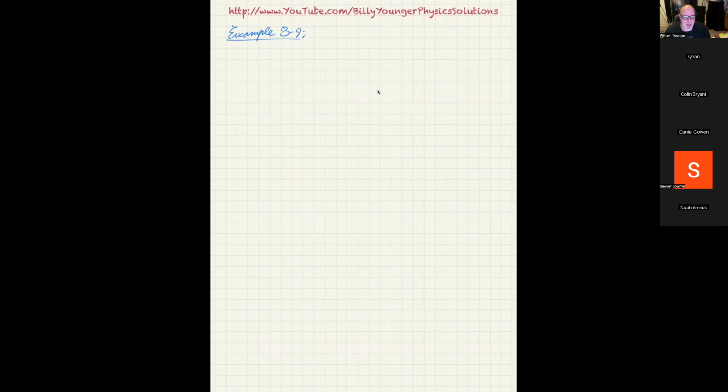Describe the motion of the bob in terms of kinetic and potential energy, then determine the speed of the bob as a function of position theta as it swings back and forth.